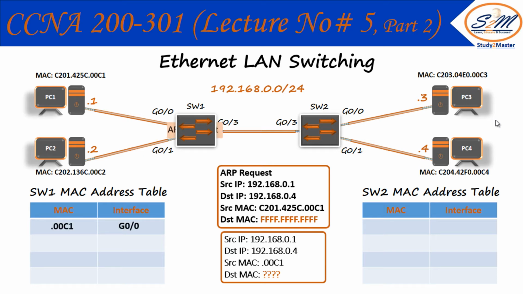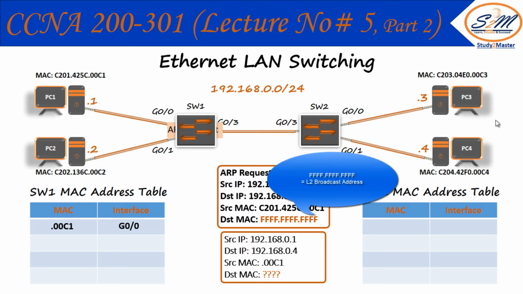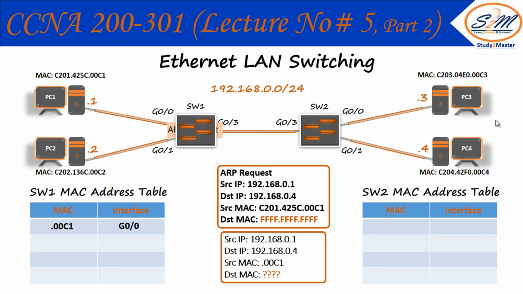Switch 1 learned that it received the ARP request on port gig 0/0 from the MAC address 00C1. Now switch 1 sends the unknown unicast to the rest of the ports, that is, to ports gig 0/1 and gig 0/3.